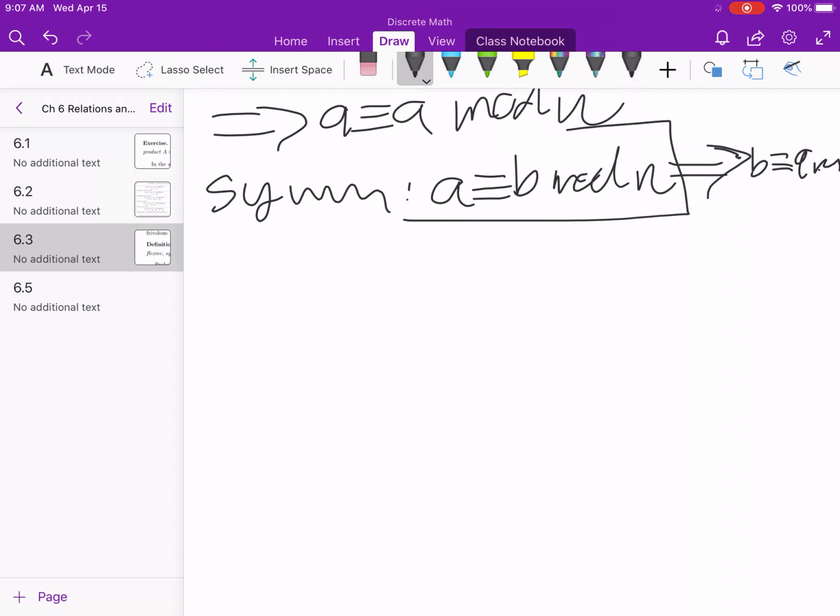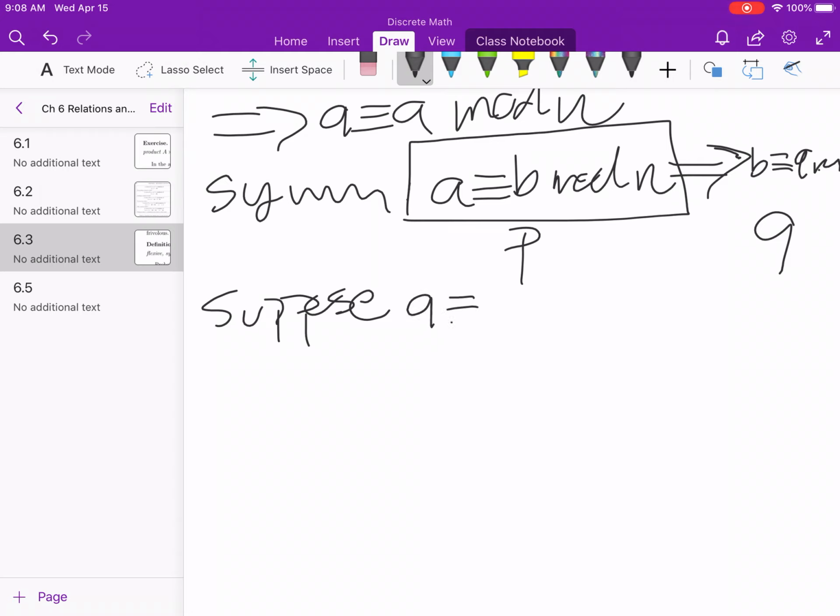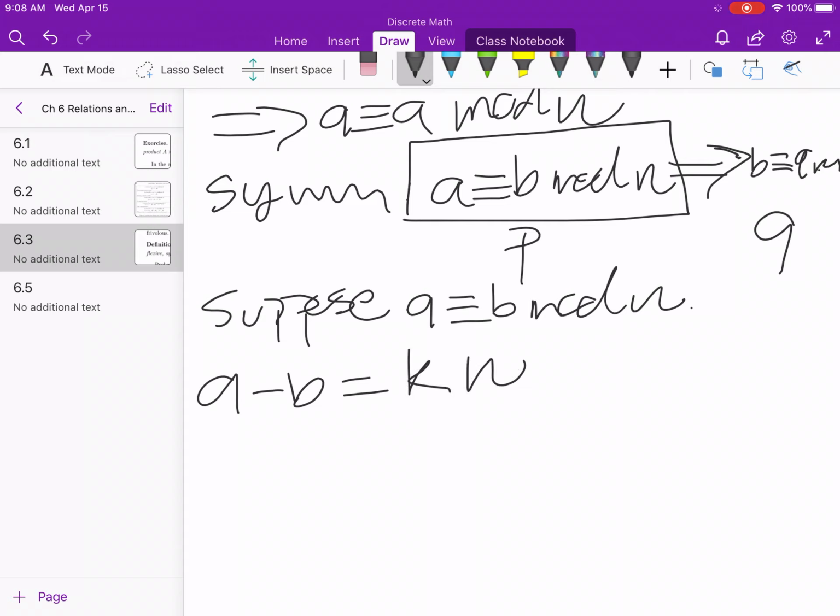Remember, we can just imagine if P then Q, this is my P, this is my Q. I'll just suppose P is true. So, suppose that A is congruent to B mod n. By our second definition of congruence mod n, I can say that this implies that A minus B is equal to some value k times n.